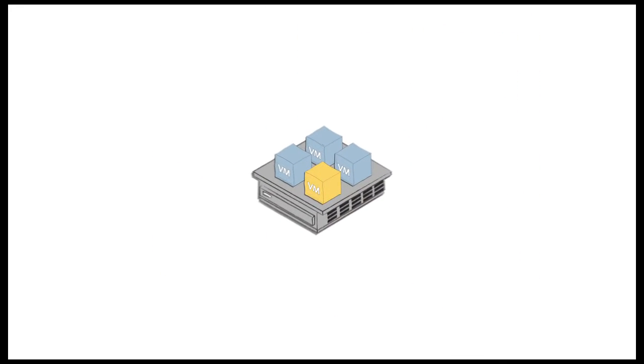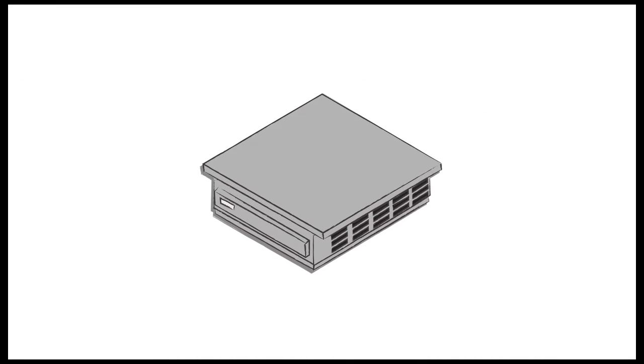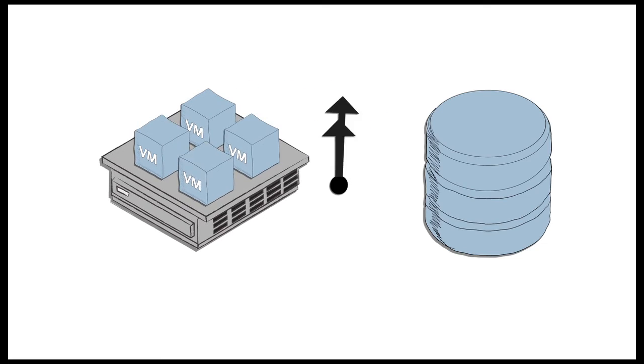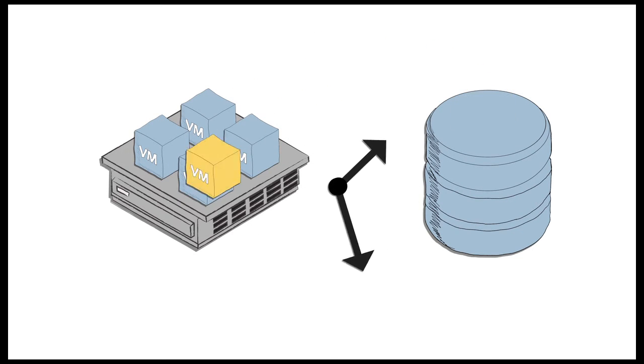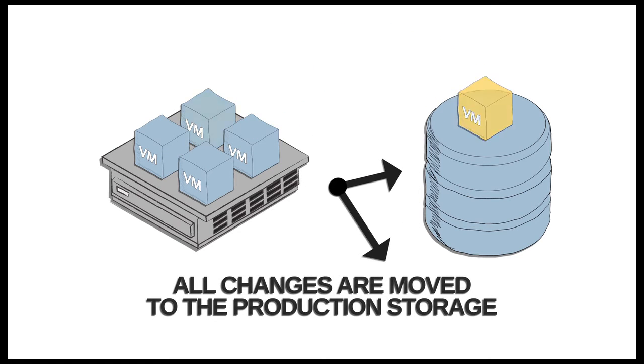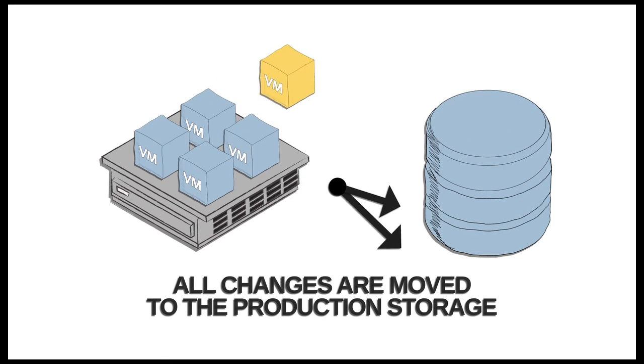In the event of a failure, PhD can quickly turn on a VM using the data that resides directly on the backup target before ever having to perform a full VM restore, because it is important to get your critical applications up and running quickly. In the meantime, you can move your data to your production storage. This process involves no downtime at all to complete, and it ensures that all changes that occurred to the VM's data while running from the backup storage are moved to the production storage.